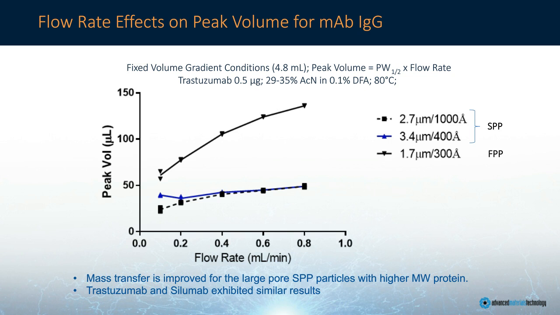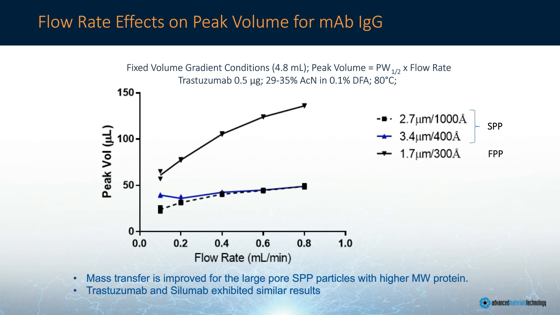In this case, we're comparing the 2.7 micron 1,000 angstrom to the 3.4 400 angstrom, and then the fully porous 1.7. On the y-axis we have peak volume, which is just another way to measure the efficiency or the performance of trastuzumab on these columns.